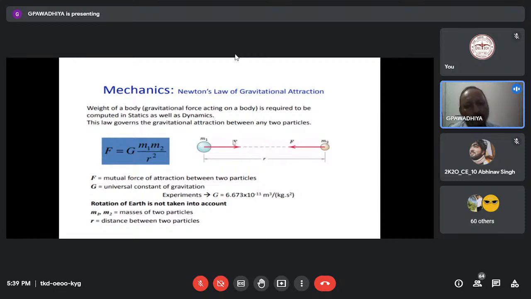As we know, two celestial bodies interact with each other. They attract, and some attractive force gets applied between these two masses. So say m1 and m2, and the distance between them is r. So F is G m1 m2 over r square, where G is the universal constant of gravitation.